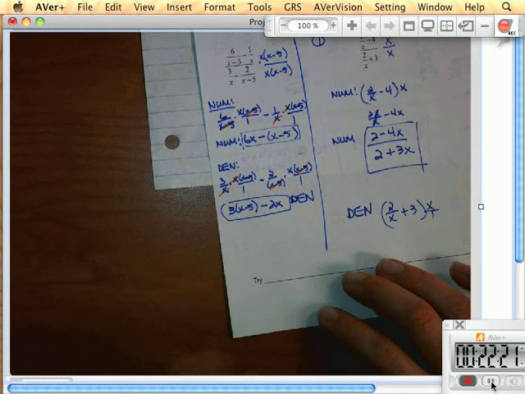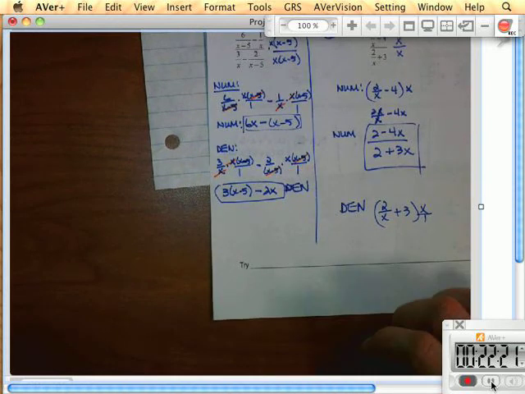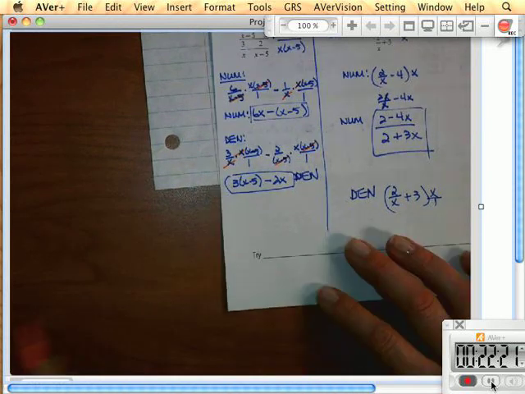So let's write this fraction and see what we have left over here. Here's my numerator, 6x minus x plus 5 over, I'm going to distribute this, 3x minus 15 minus 2x, my denominator.